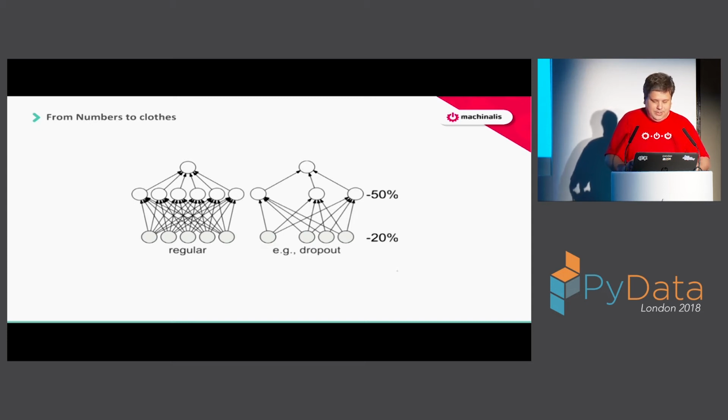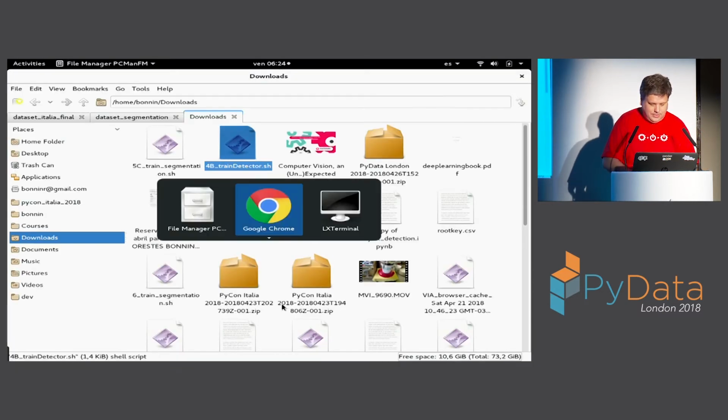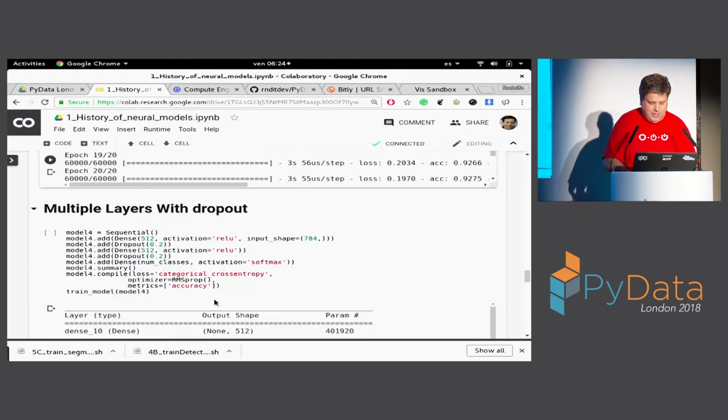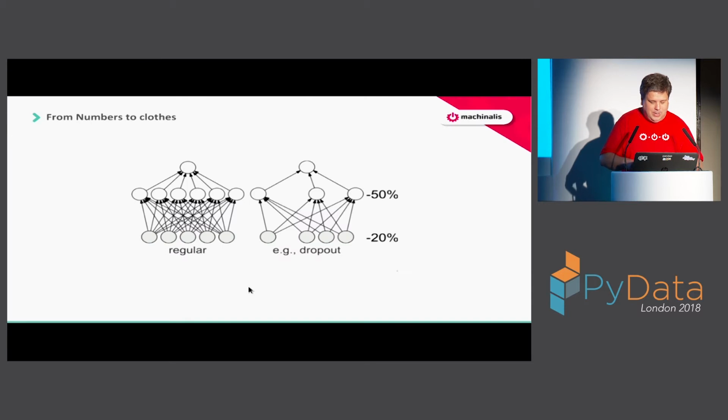What the dropout layer does is it takes a sample of the weights of the network, and every time we train, or every batch, it disables a number of them.